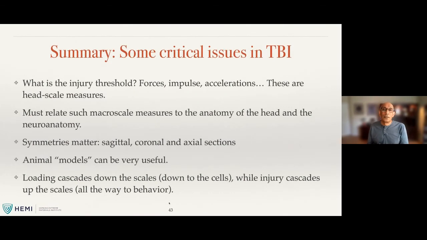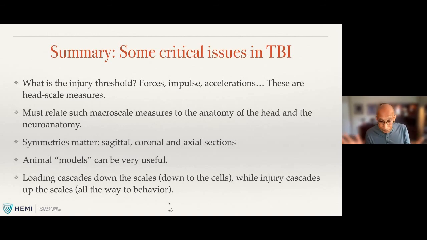All right. Let me just summarize a few critical issues here. The first question is, what is the injury threshold? When will you get injured? My argument to you is that the classical threshold measures, which relate to forces, impulse, and acceleration, are head scale measures, which are reasonable for broad application, but really don't tell us enough about individuals and what's likely to happen to you as compared to the generic person.